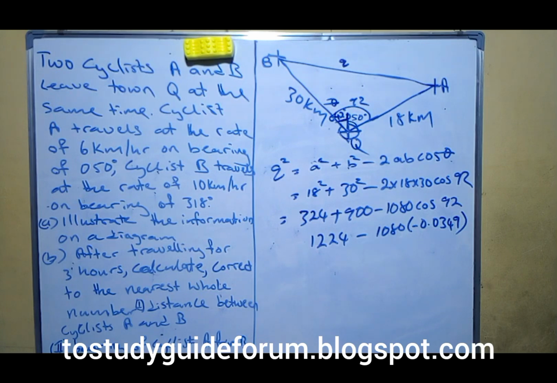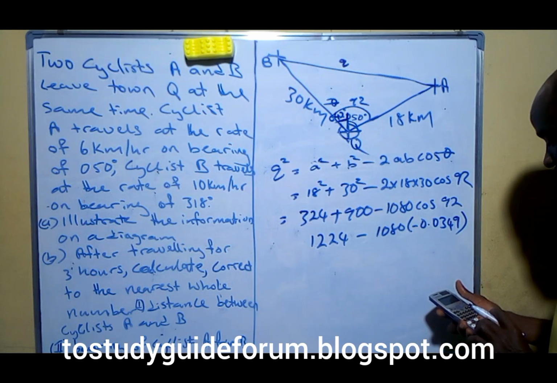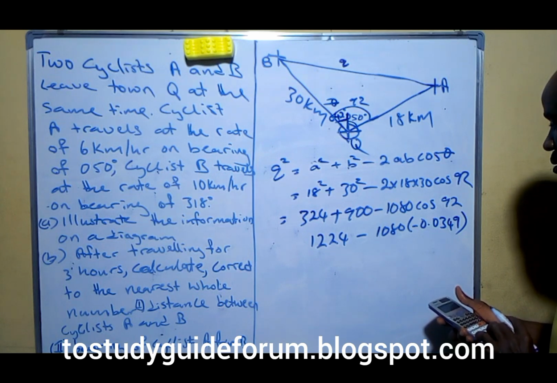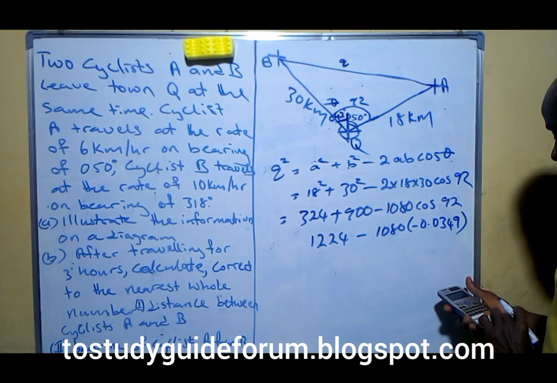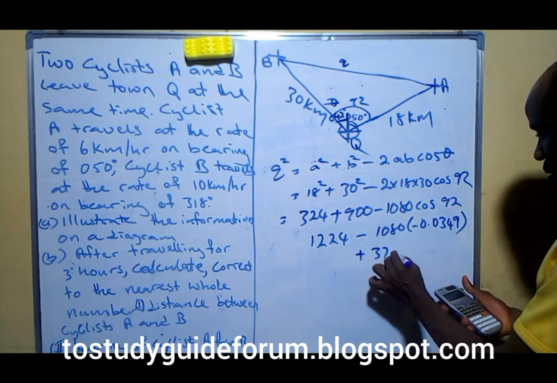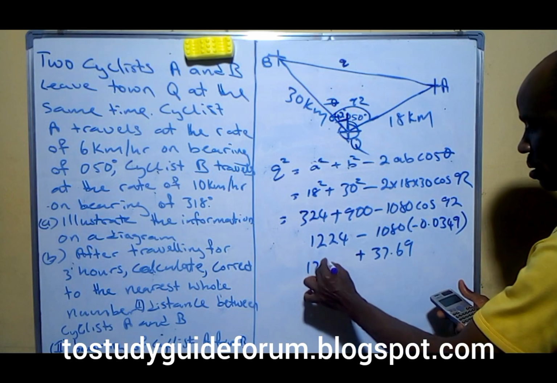If we multiply by this, it will change the sign here. Multiply by 1080, that will give us plus 37 approximately.